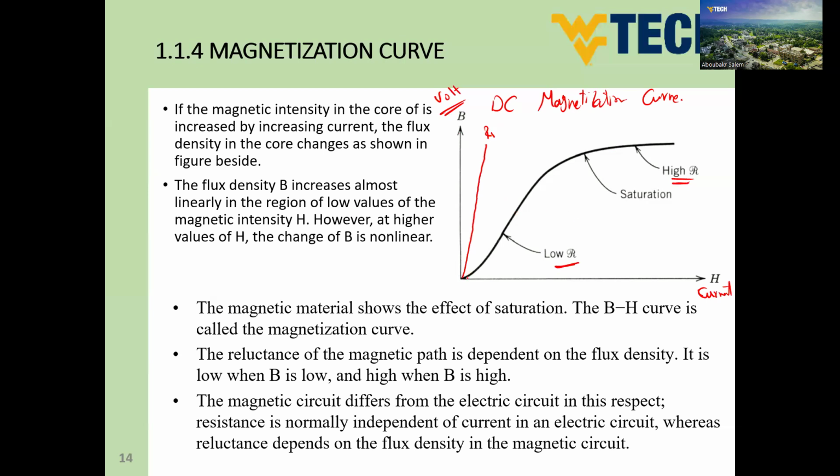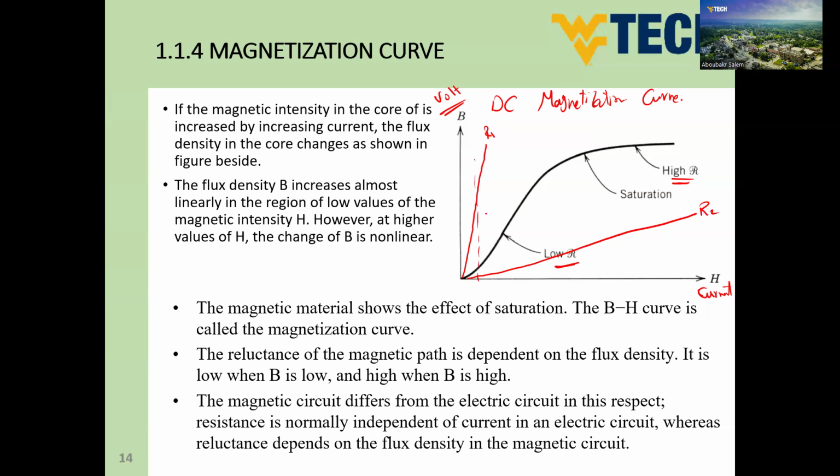If you have another resistance, R2, which one is higher resistance, R1 or R2? You're right. So simply, you can just flow a current vertically like that.